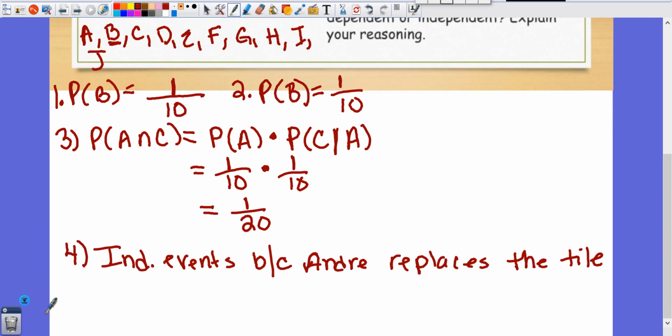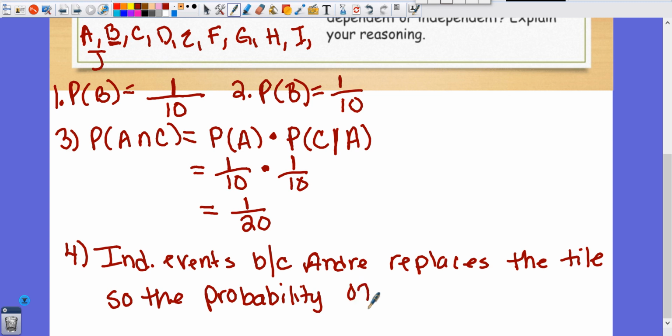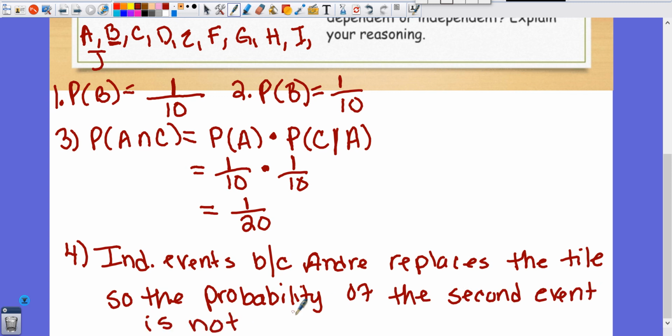So the probability of the second event is not affected by the first event.